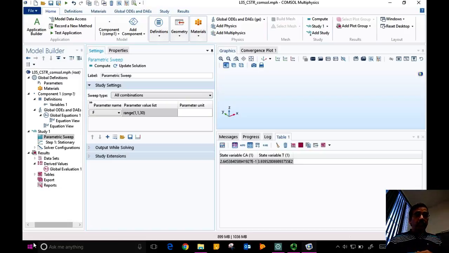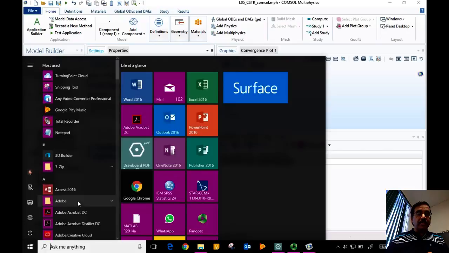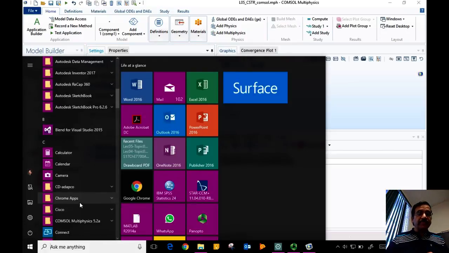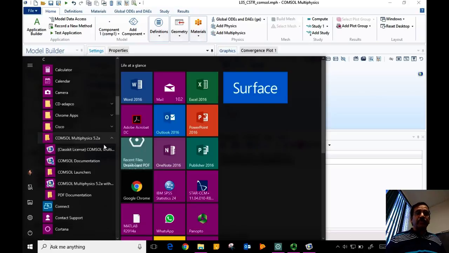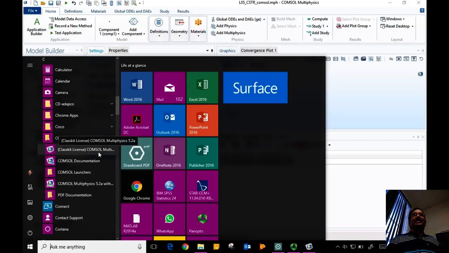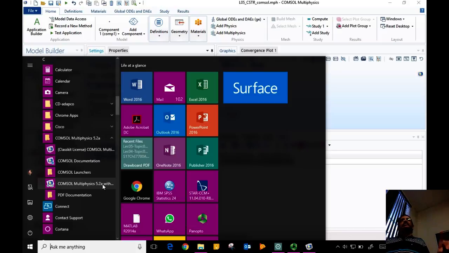It probably will work. Another feature I should point out: when you're starting COMSOL in the next room, it will have several things. One is Classroom License Kit, which is what we are starting. The other one is COMSOL with MATLAB. When you start that, it has the ability to communicate with MATLAB and use MATLAB expressions and functions.